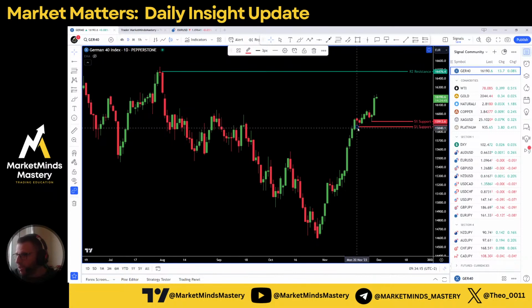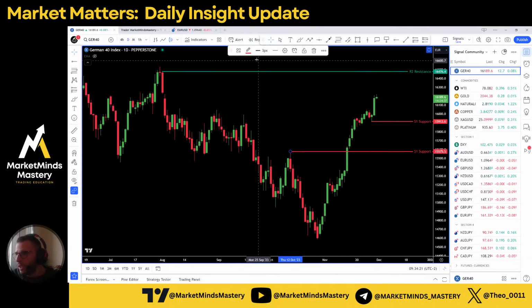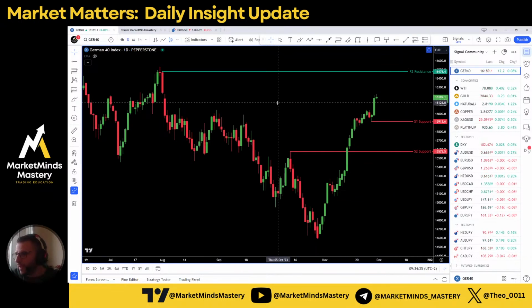But they are very close to each other, so I will take the inside support, and that's the S2. So here are our new levels. S1 at this low and S2 at this broken high. That's an inside support in the market.